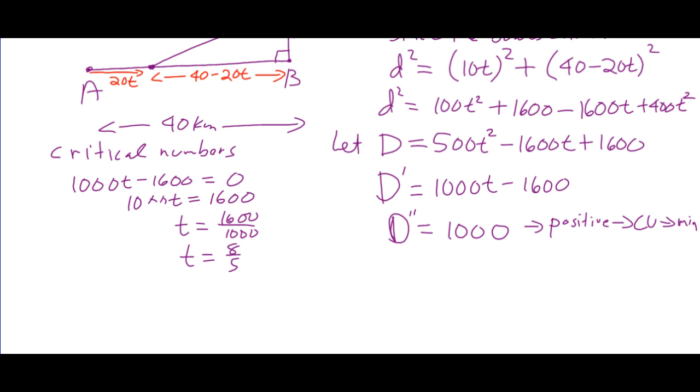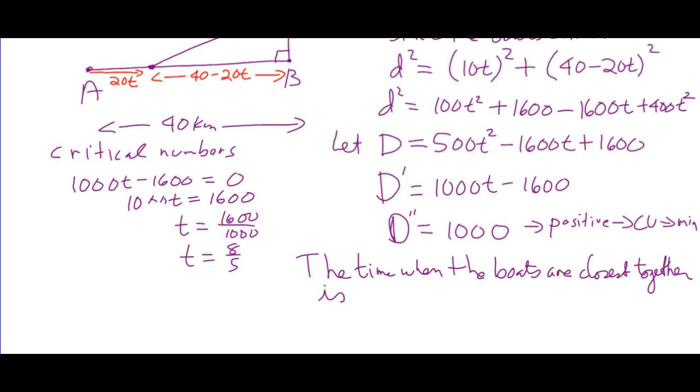So the time when the boats are closest together is 1.6 hours after they set sail. Okay, and I don't think it asked us for the distance. Nope. We could work out the distance.